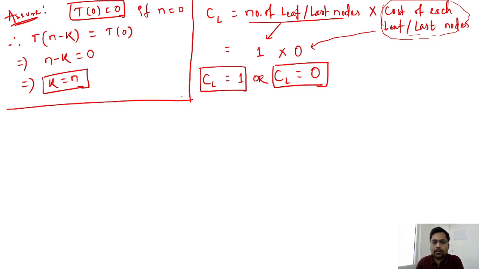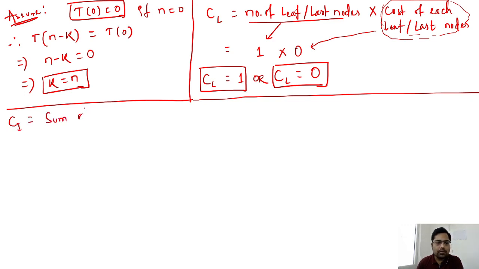Now, our target is to find Ci. Ci is the sum of the cost of all intermediate nodes.